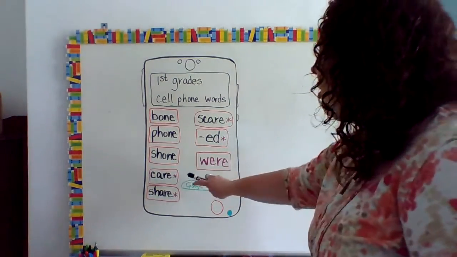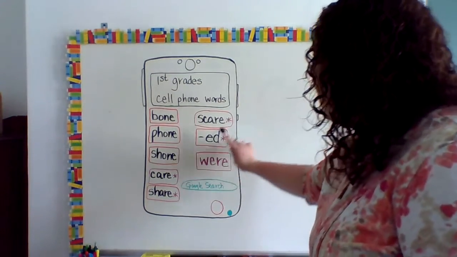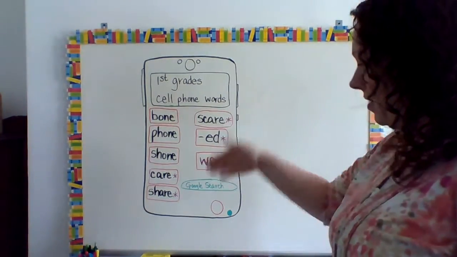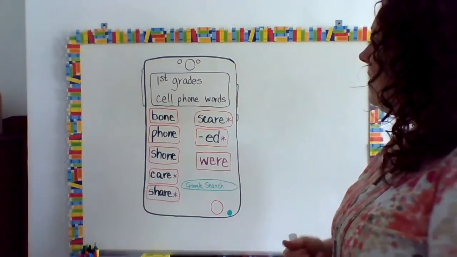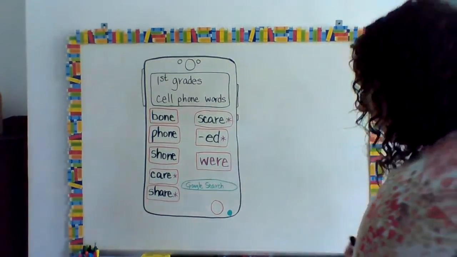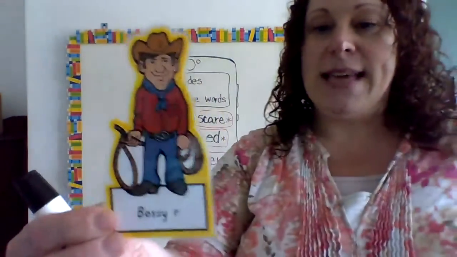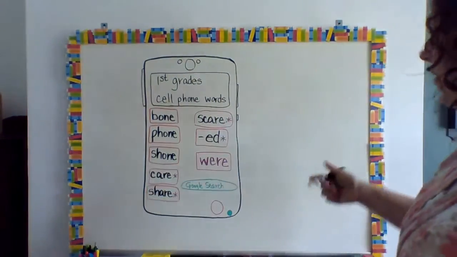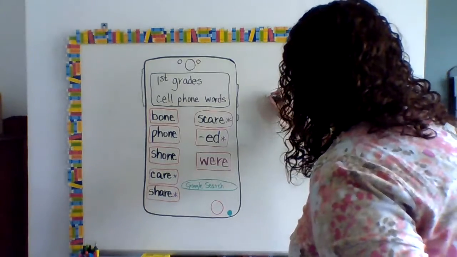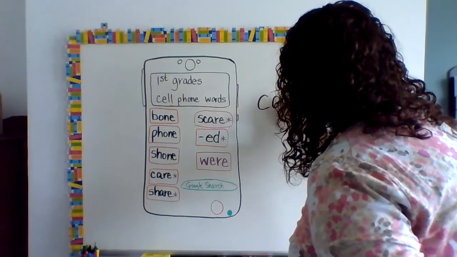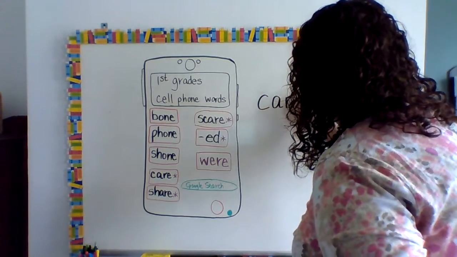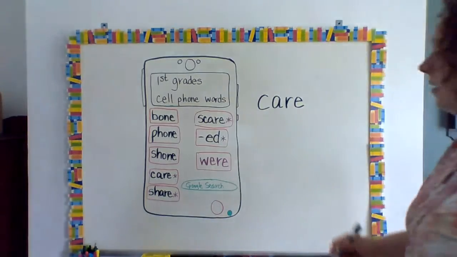All right, moving on. Care, share, and scare is a word family. And in these words, who's this guy? Remember him? Bossy R. We're going to tell you a little bit about Bossy R. I'm going to write the word care up here. One of your words, care.